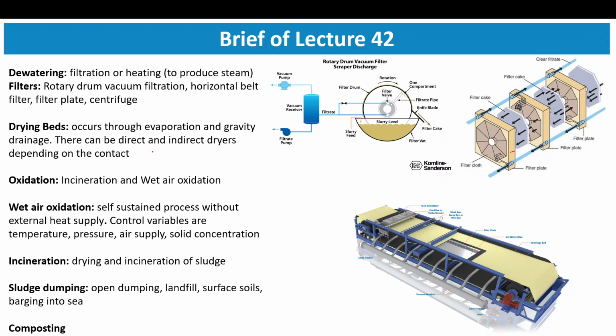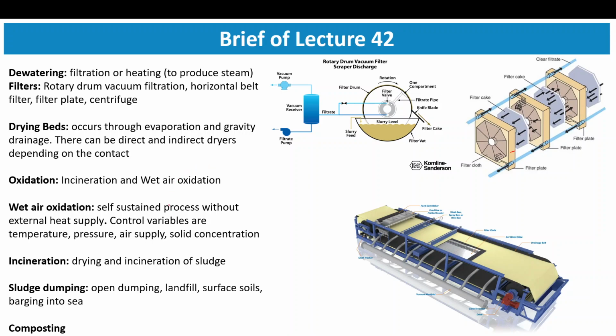So once this is done, the solid which is now there has some toxic organics or other pollutants. Depending on its characteristics, we can have two types of oxidation: incineration and wet air oxidation, right?